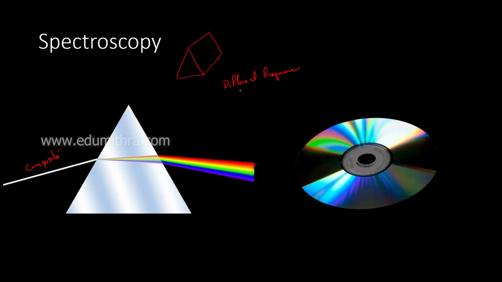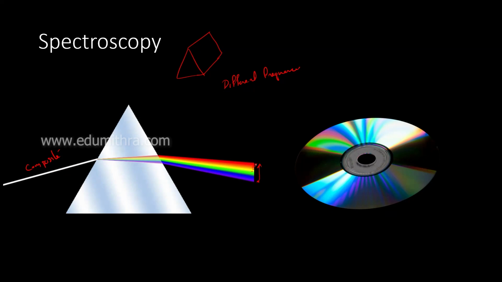When a composite light is passed through a prism, it arranges itself into its constituent frequencies. Going from bottom to top, it arranges in decreasing order of frequency. Formally, we can say it splits into different frequencies, or simply into different colors.